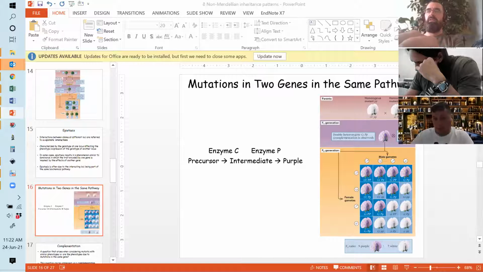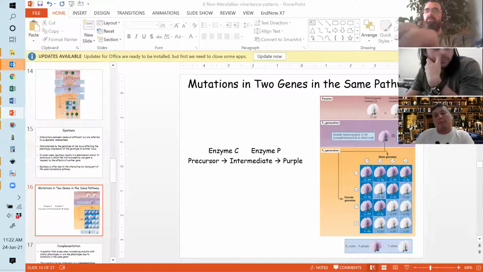Linkage equals, how would you put it, fewer than expected non-parentals. Or if you put it another way, an excess of parental phenotype.